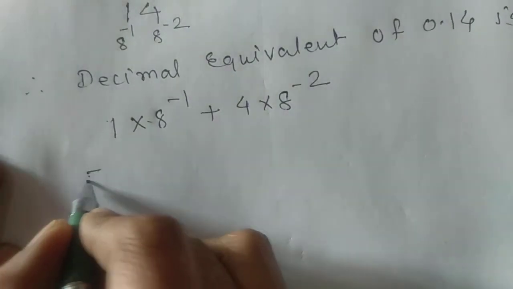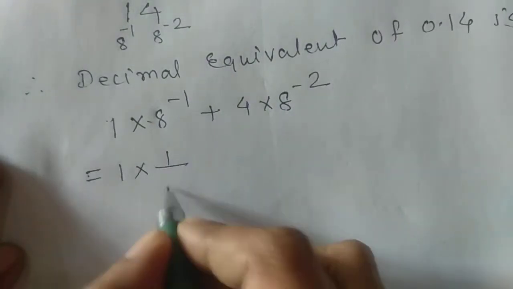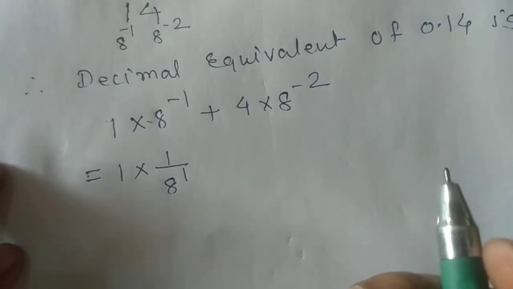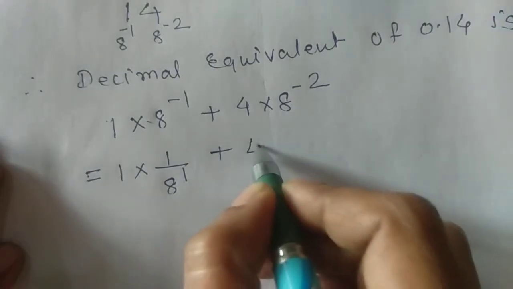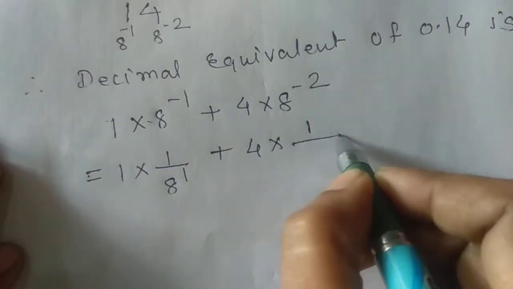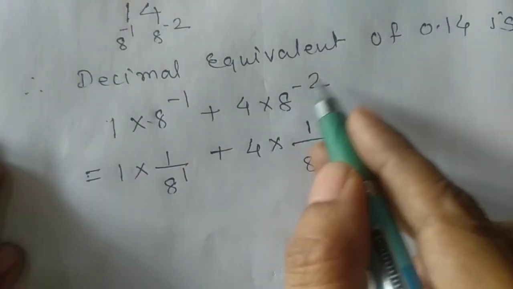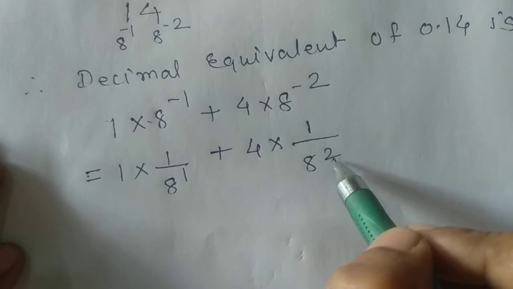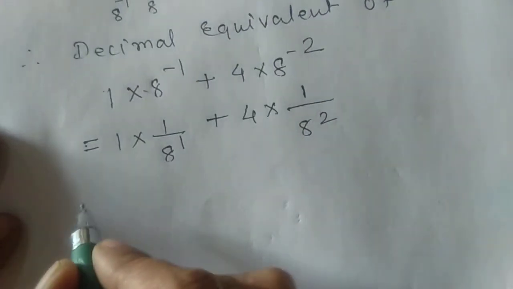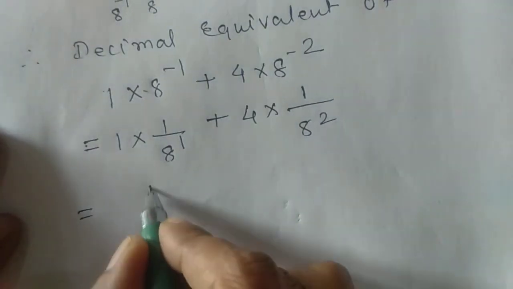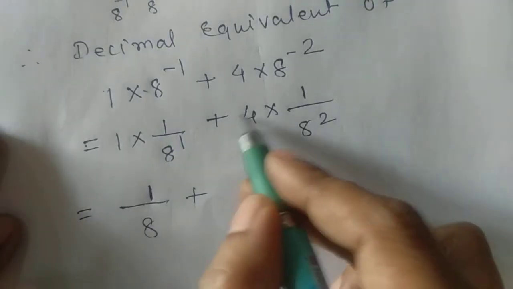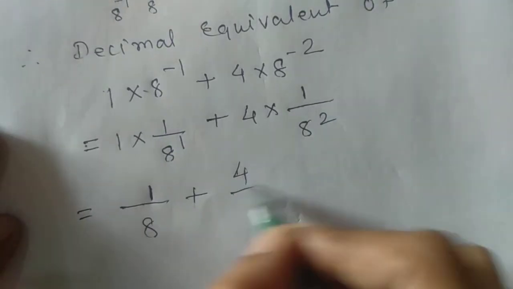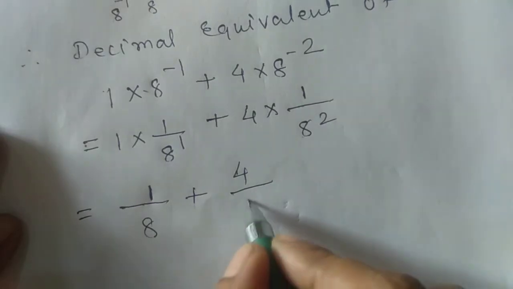Now this is equal to 1 into 1 upon 8 raised to 1, since 8 raised to minus 1 means 1 upon 8 raised to 1, plus 4 into 1 upon 8 raised to 2, since 8 raised to minus 2 means 1 upon 8 raised to 2. Now I will write 1 into 1 upon 8 plus 4 into 1 upon what? 8 square is 64.